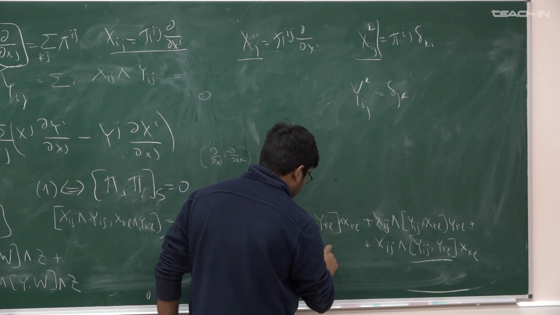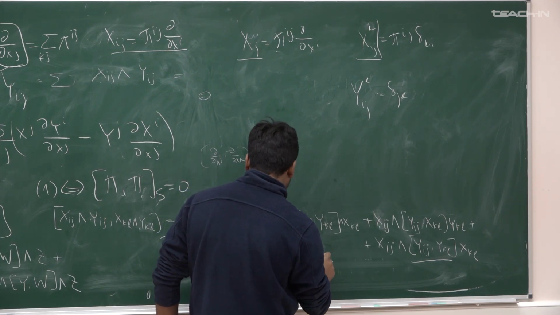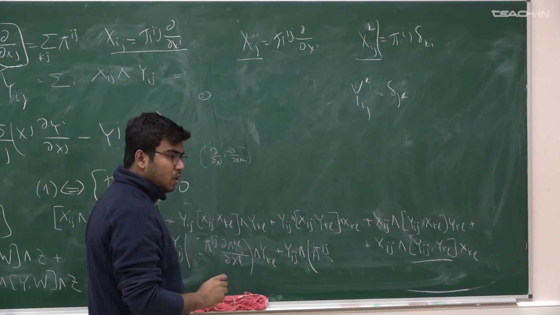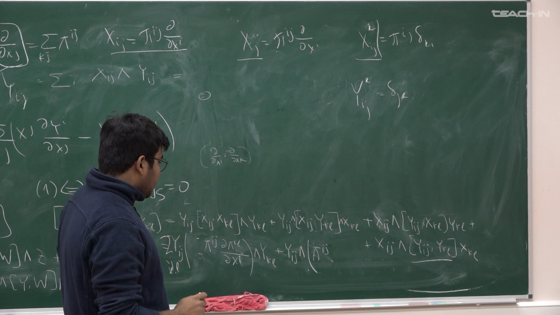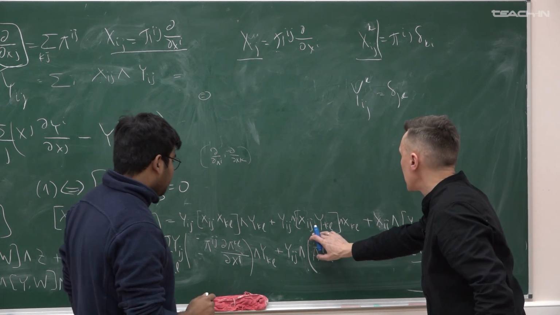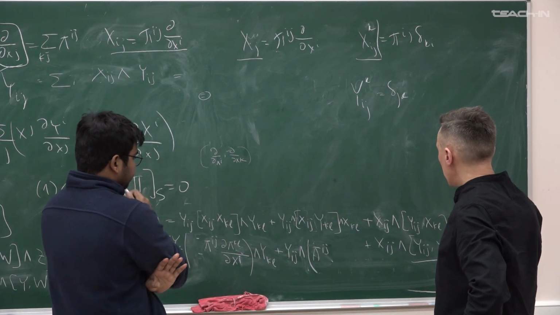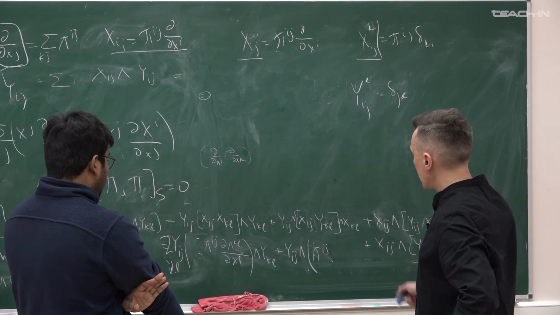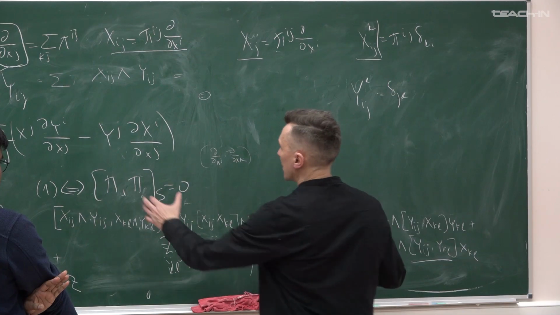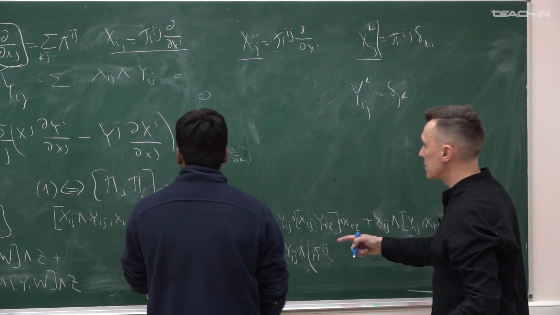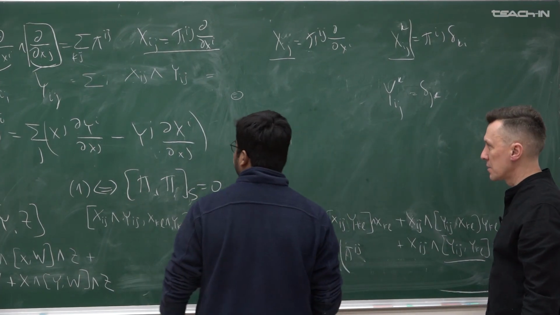The thing that I wrote before, this pi ij. So you have written this term now, yes? Yes, writing this term now. So now we have to write the commutator in this definition, but using the coordinates of the vector fields x and y.